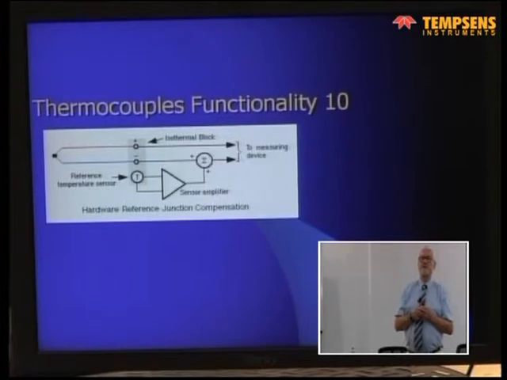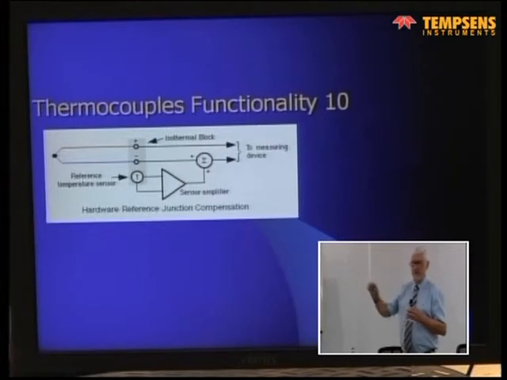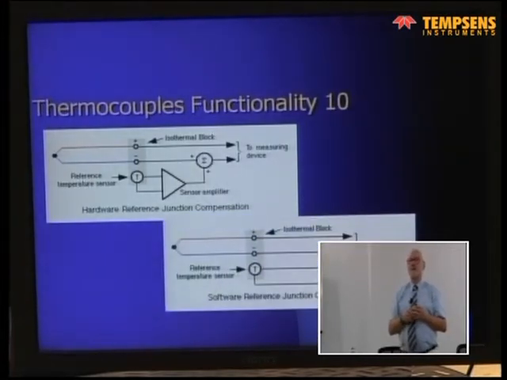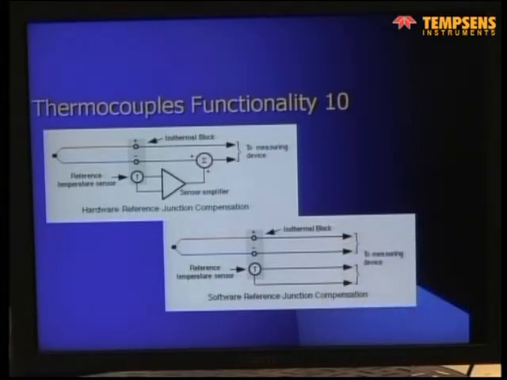You measure the temperature, amplify the signal and add it to the input in microvolts, and then you bring it to linearization. The second, more modern way is to have a reference sensor on the isothermal block and a second loop in your microprocessor-controlled meter. This is mostly the way.